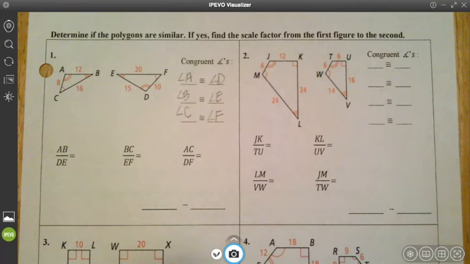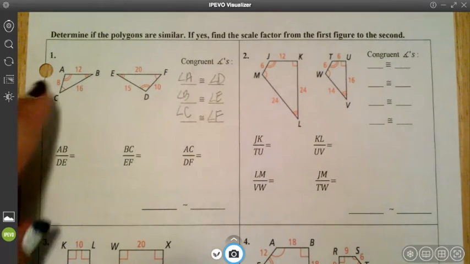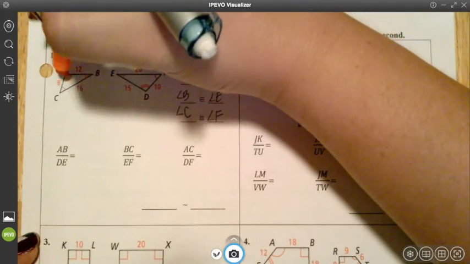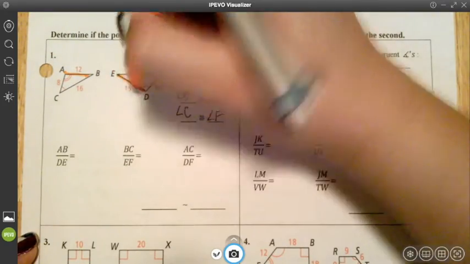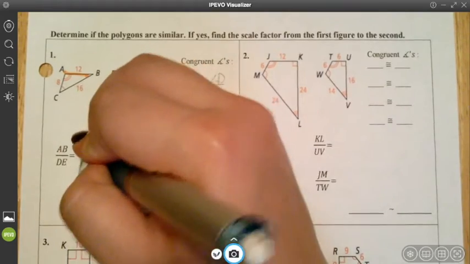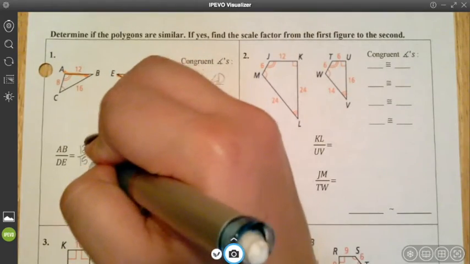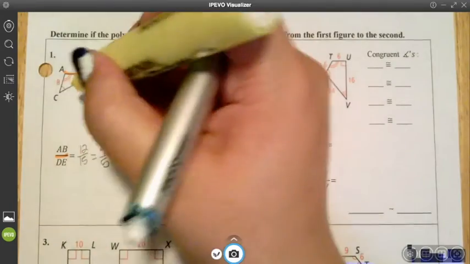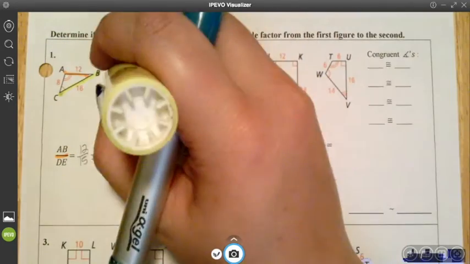Then we also need to check that the sides correspond, meaning that they all have the same ratio. So again, using my colors, I'm going to say AB with DE. So that's 12 over 15. Simplify by 3, that gives us 4/5. The next pair of sides, BC with EF.